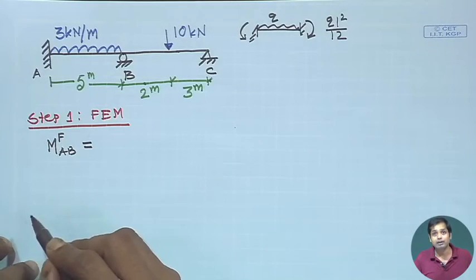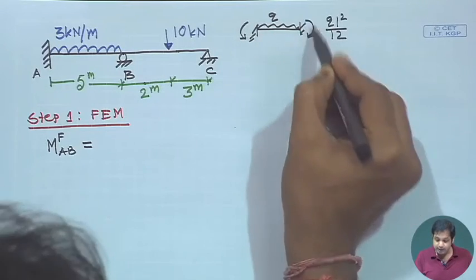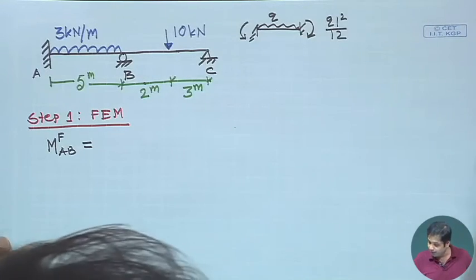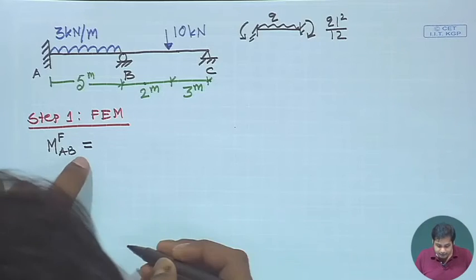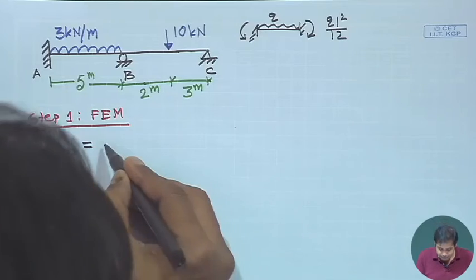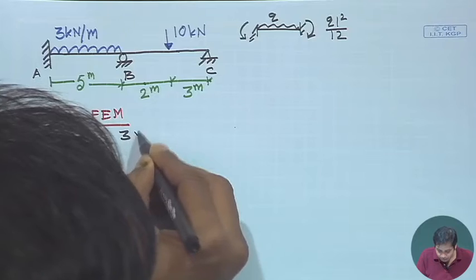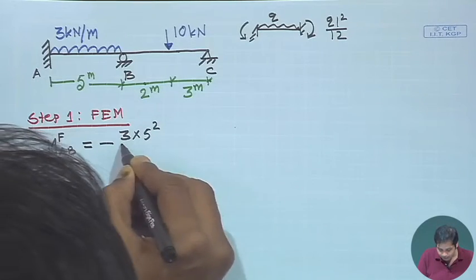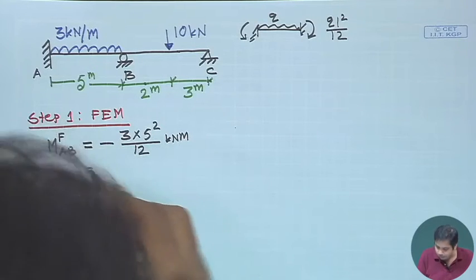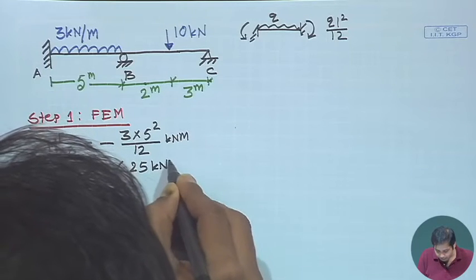This is a hogging moment. At A it is anti-clockwise and at B it is clockwise, and if you take any book, this is already given. So at A, it is anti-clockwise, so M_AB fixed is minus q L square by 12, q is 3 into L square 5 square divided by 12, which is equal to minus 6.25 kilonewton meter.